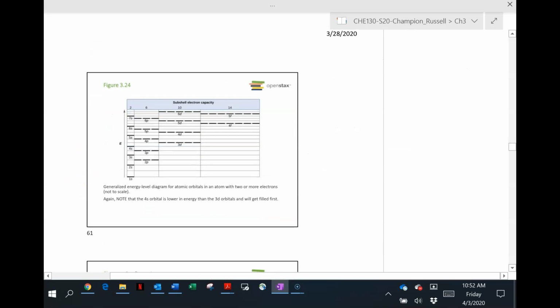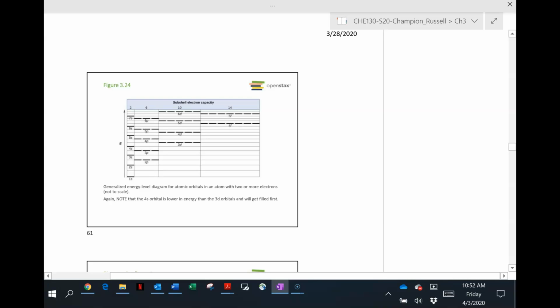And so here we see the energy diagram that shows that energy relationship, where we have the S's in the first column and the P's in the next column, and you see the P's are a little higher in energy than the S's for each level typically. And then the D's in the third column and the F's in the fourth column.